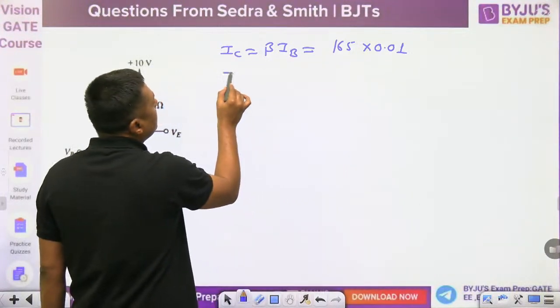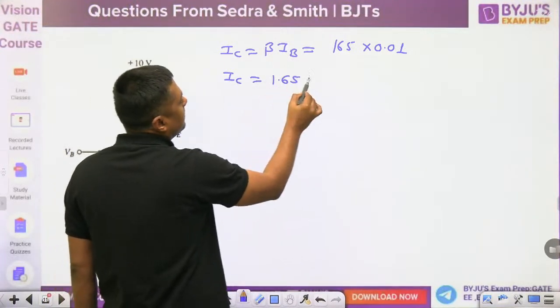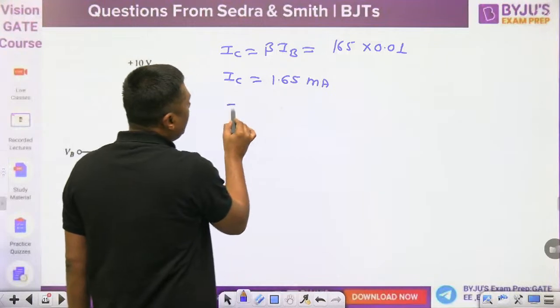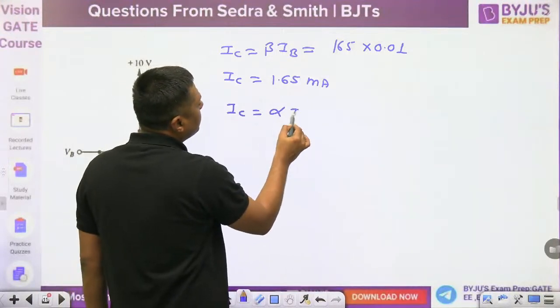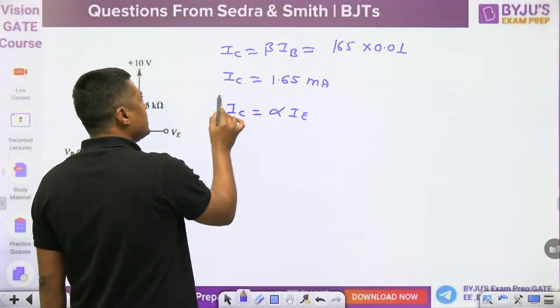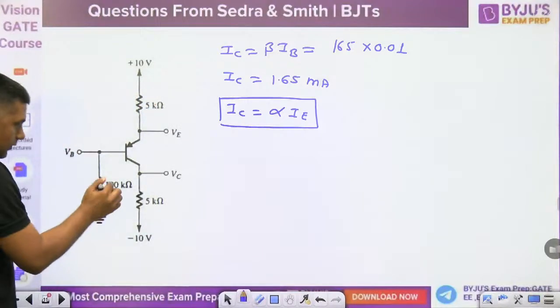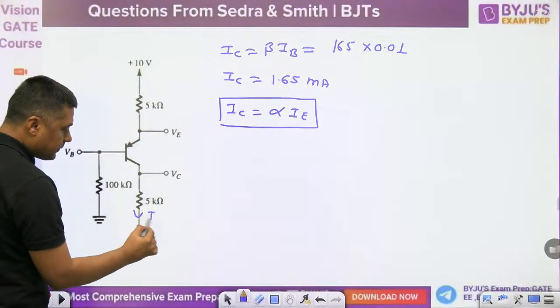So it will become 1.65 milliampere. You can also find IC is equal to alpha I. I you have the value, and then again you will get the same answer. You can check.